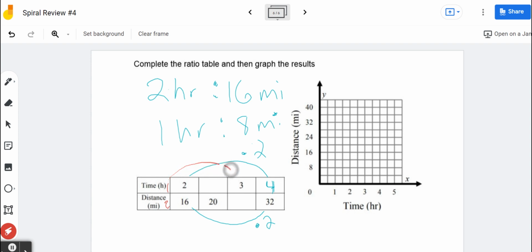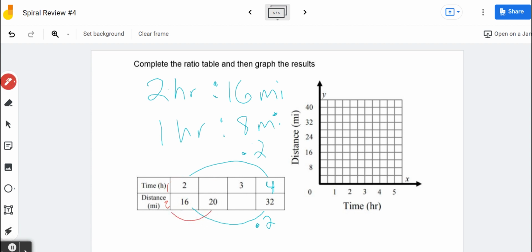How do you go from 1 to 3? That one's okay. This one is still a little hard. How do you go from 8 to 20? This one might come from the graph. And the reason it's hard is because this is actually going to be a decimal. So I'll kind of give this one to you.